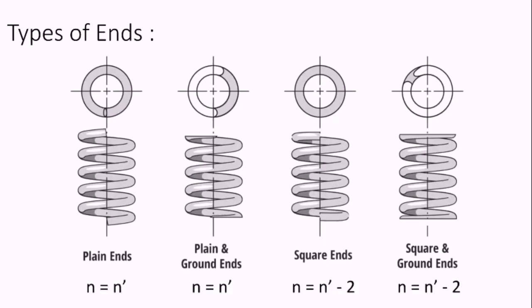For example, in a square and ground end, active turns will be total number of turns minus 2, and likewise for other cases. Generally, if the type of end of the spring is not given in the question, we assume it to be square and ground end. These relations are also given on page number 7.101 of the PSG design data book.